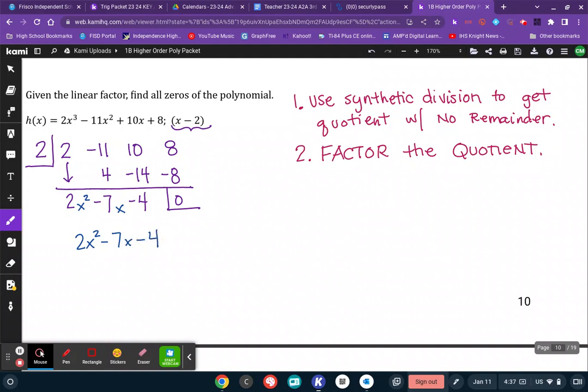And now we want to factor this. However you like to factor, whether it's box method, grouping, whatever you want to do, you need to factor.